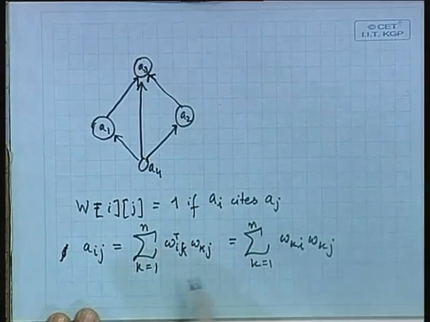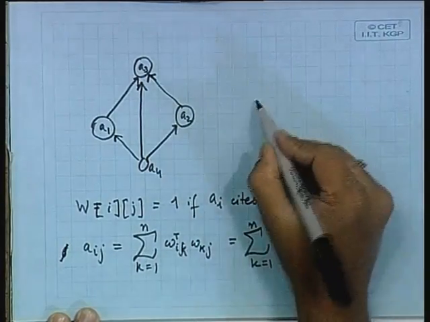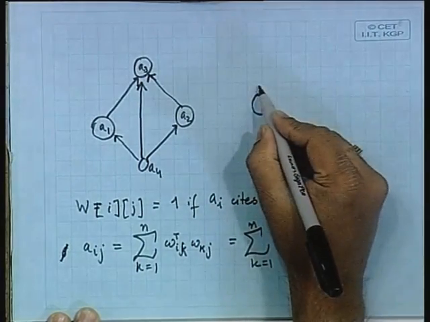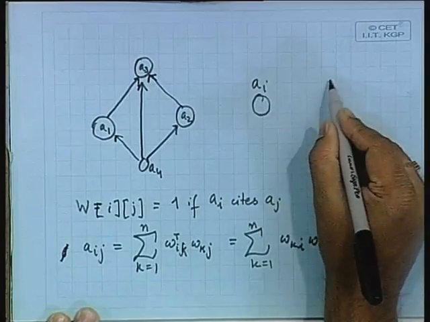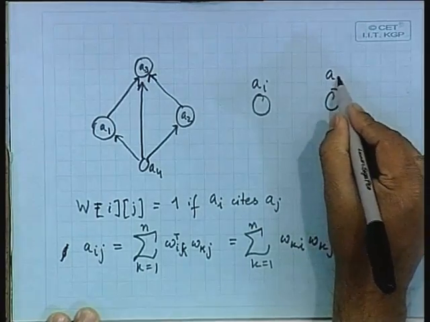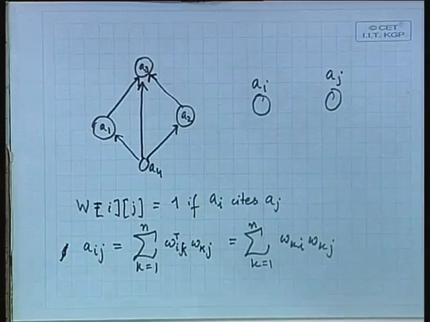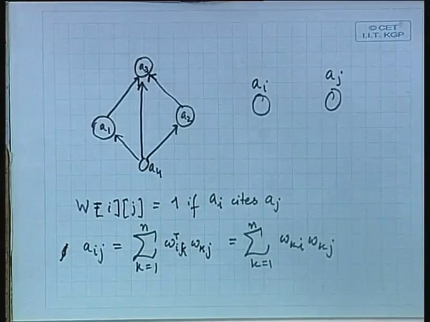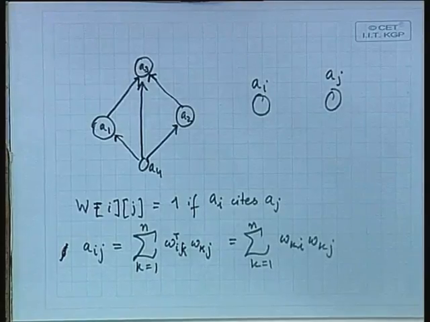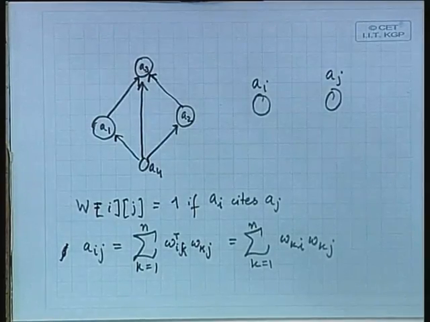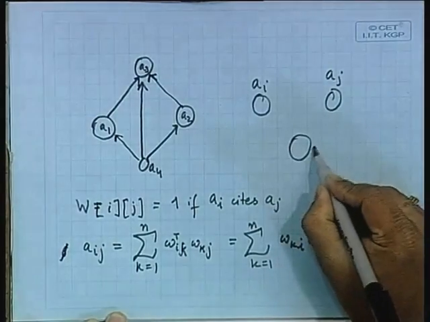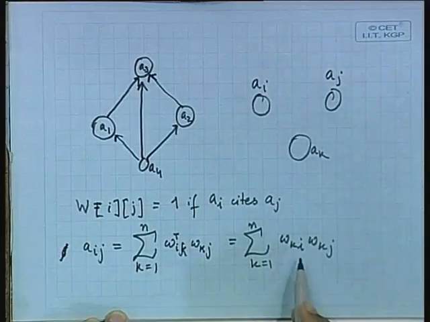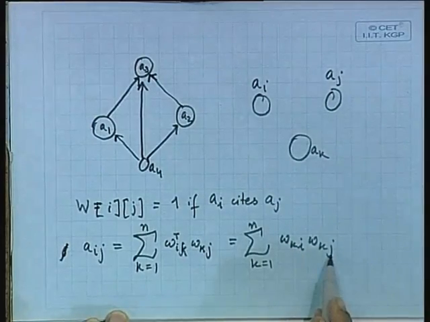So in the co-citation network, the edge between a particular node Ai and Aj represents what? Suppose Ak is a paper, then when is this 1?